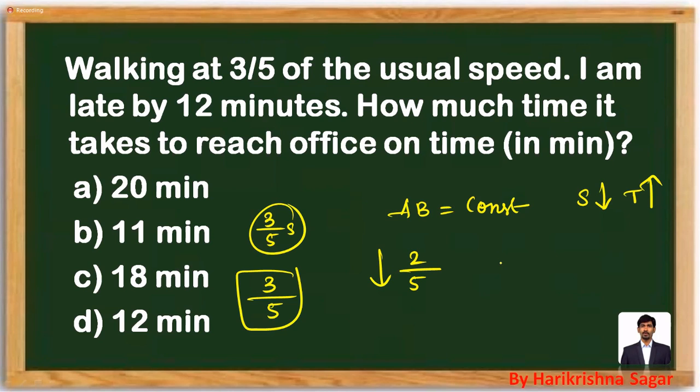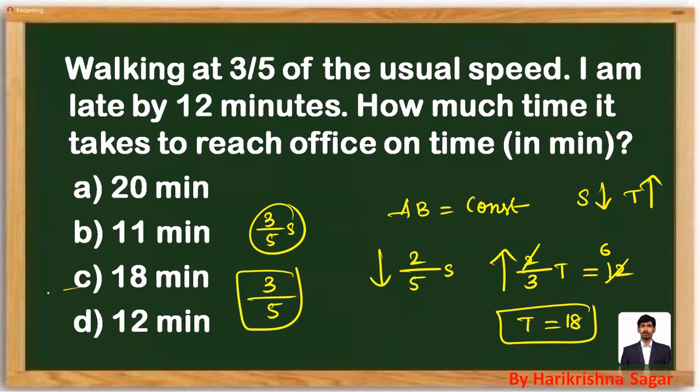So 2 by 5 is the decrease in speed. 5 is decreased by 2, so the new base is 3 and 2 will be as it is. This is the increase in time, equal to 12 minutes. 2 ones are 2, 6 are. T is equal to 6 into 3, 18 minutes, which is available as option C. Mark it as the answer choice.